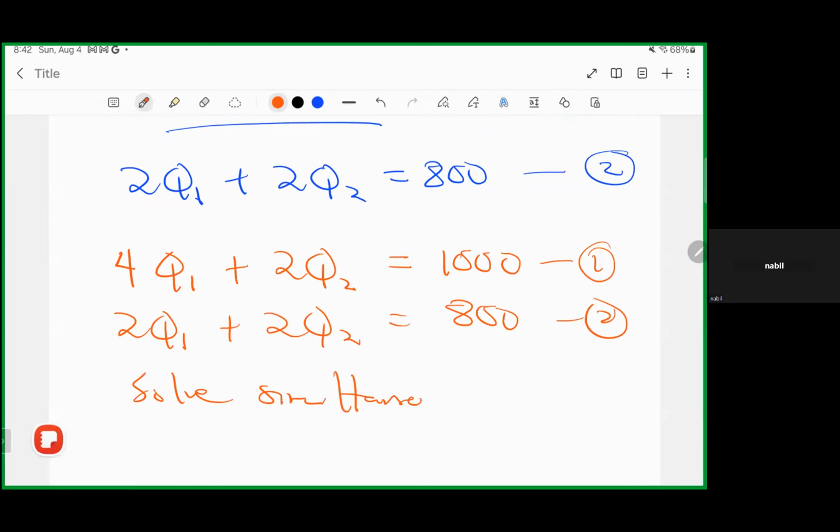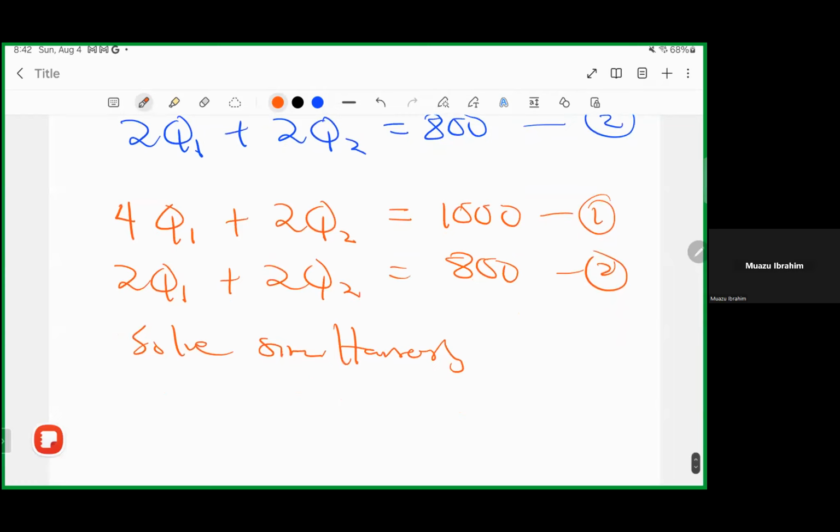Elimination method. Excellent. It's simple. We take equation 1 minus equation 2.